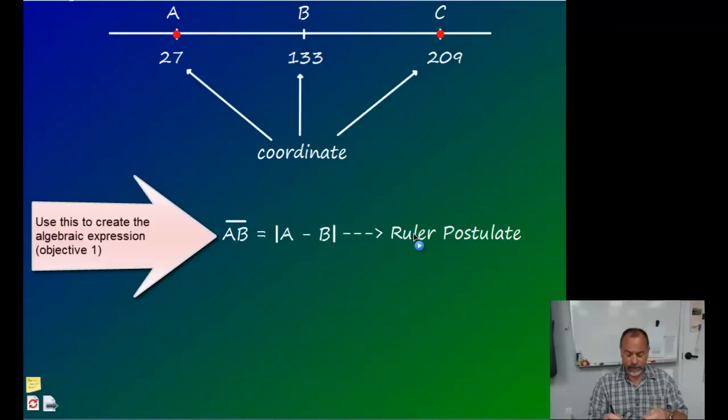Now remember, we just learned that the length of a segment is the absolute value of the difference between those two coordinates. The reason I can write this algebraic statement right here, that I can figure out the length of AB by taking the coordinate from A, subtracting the coordinate from B, taking the absolute value, the only reason I know that is because I know the ruler postulate. So this is true because of the ruler postulate.